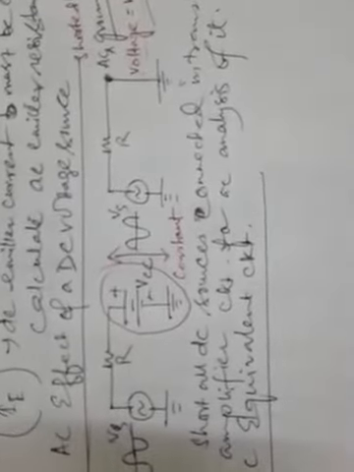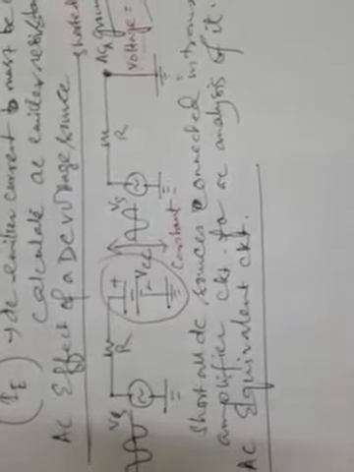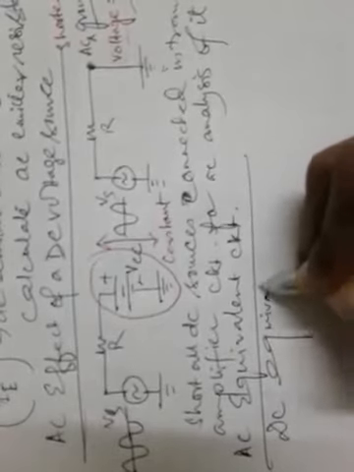So after analyzing the DC equivalent circuit as earlier, in the DC equivalent circuit we mentally visualize all the capacitors present in the circuit as open circuit. So, to get the DC equivalent circuit, visualize to open all capacitors present in the circuit.